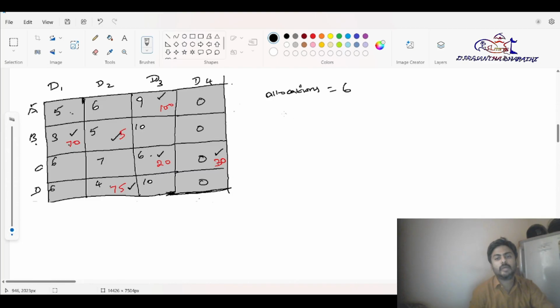Allocations equal to 5. Okay, rows equal to m equal to, how many rows are there? 4 rows are there. Columns equal to n equal to 4 columns are there. So you are having the value of m plus n minus 1 equal to 8.